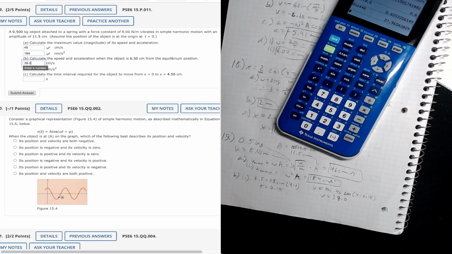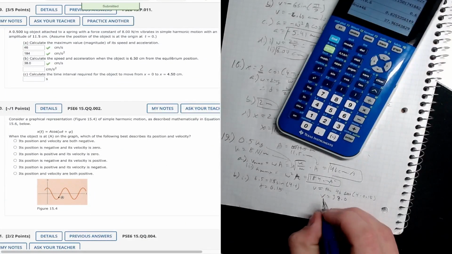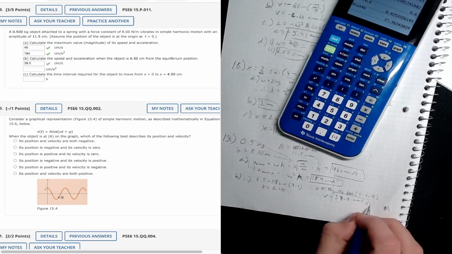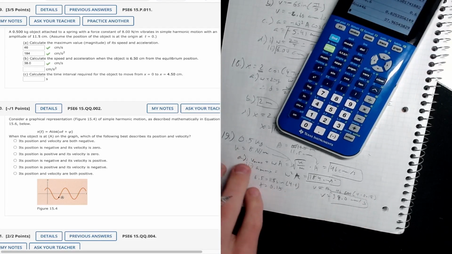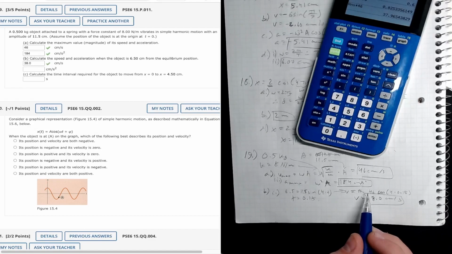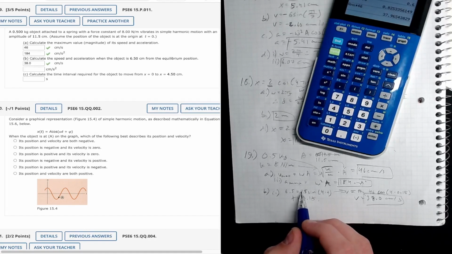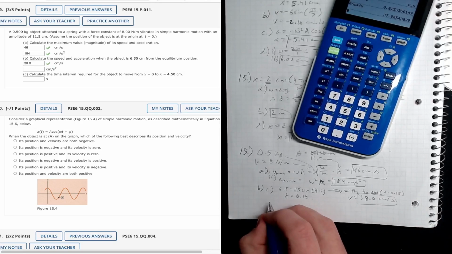Let me just make sure this works first before I do anything too dumb. Alright, does work. Okay, cool. Does that make sense, guys? I just took the derivative of our equation here. Since it starts at the equilibrium, I started with a sine function instead of a cosine function. That way I didn't have to do a phase constant. Derivative, so take out the 4, that's w, times the amplitude, 46, times cosine of that. Solve for v. So we get 38 centimeters per second.